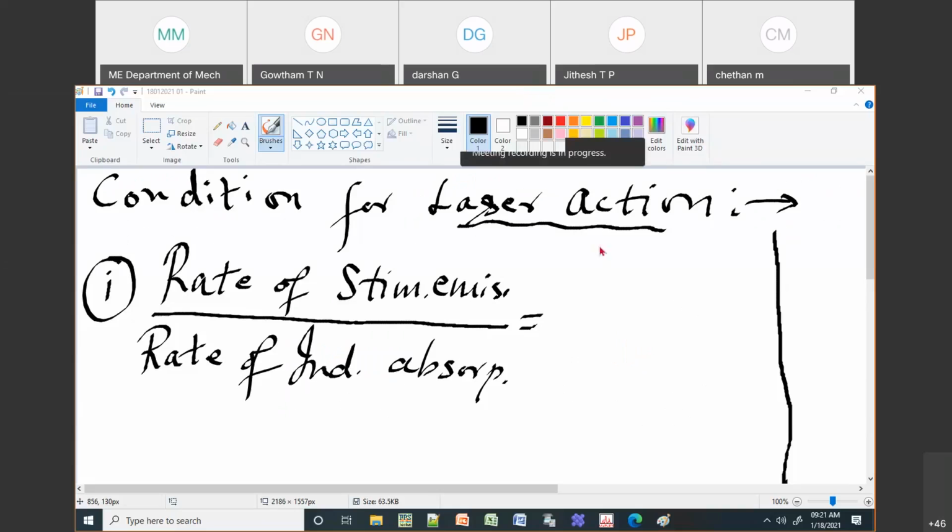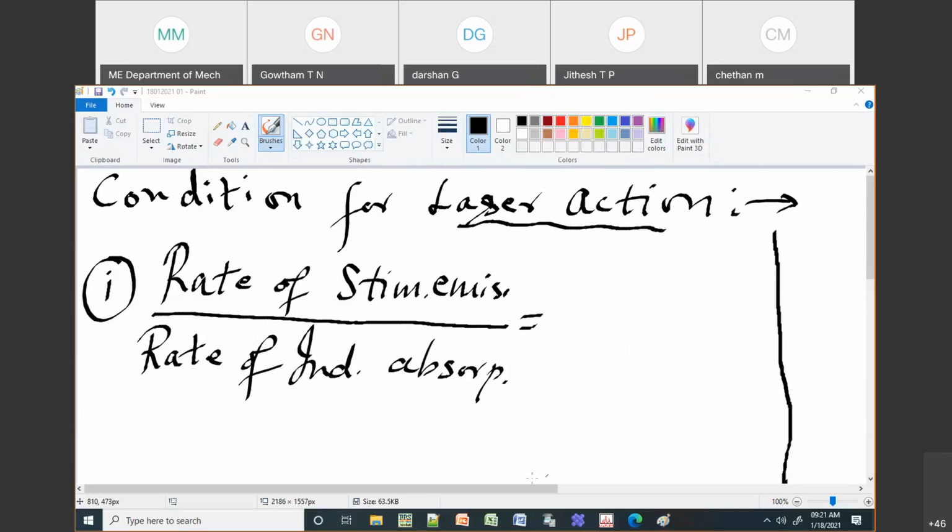Now what we will do is try to see the condition for laser action. Laser action means we need to know the condition for having more stimulated emission. So we will take the rate of stimulated emission and first divide it by the rate of induced absorption.